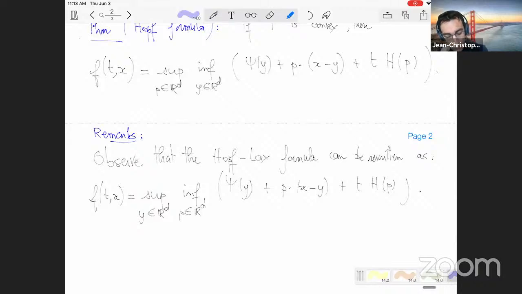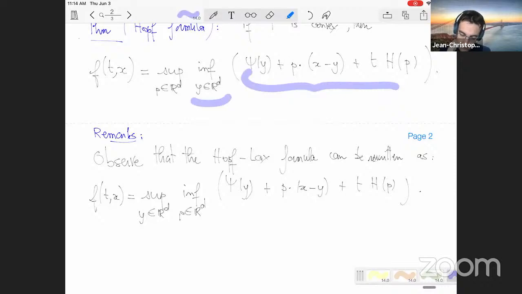So what is this function doing? Another remark I want to make. At some point we optimize over y. This will impose that when we differentiate this functional in y, the gradient should be 0, right? So if I compute the gradient, I get grad psi of y minus p.